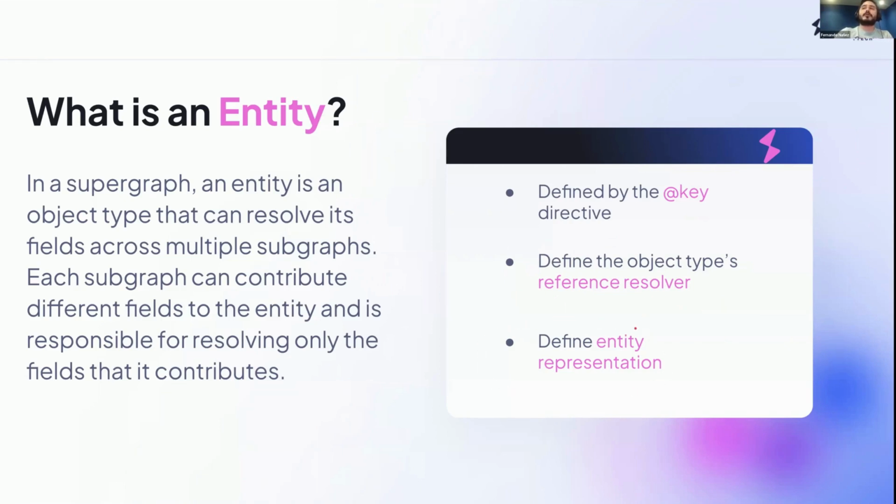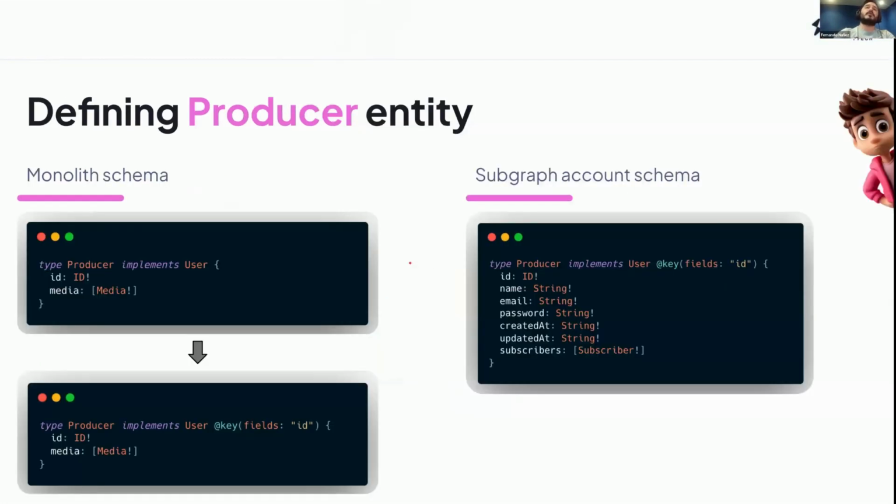And for those subgraphs that don't add any field to the entity, they just need to return an entity representation of that entity. That will be passed through the different subgraphs, and the router should be able to know which subgraph is going to return the data that is needed.